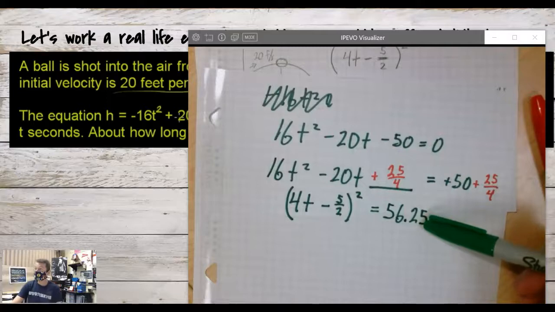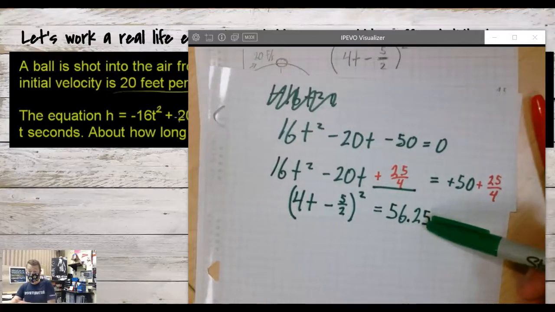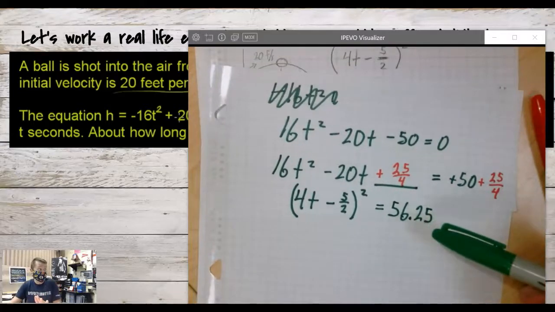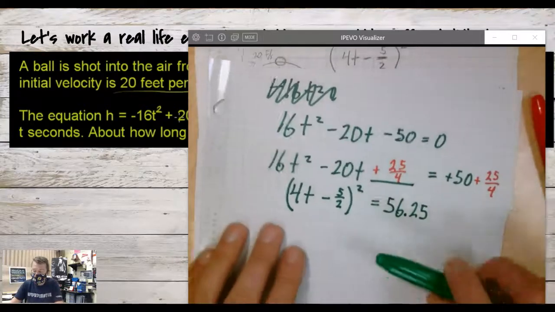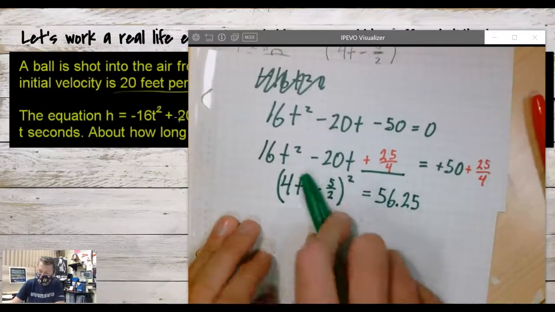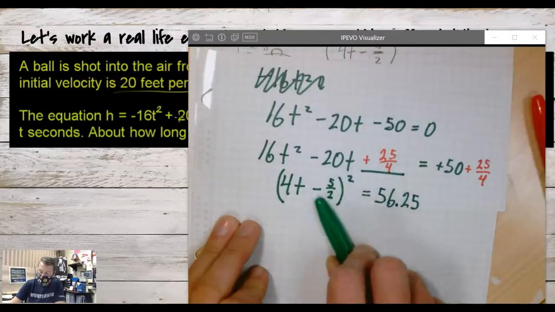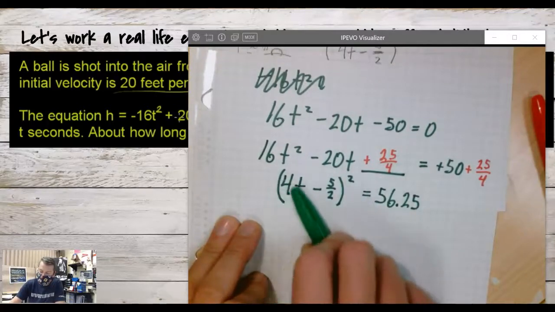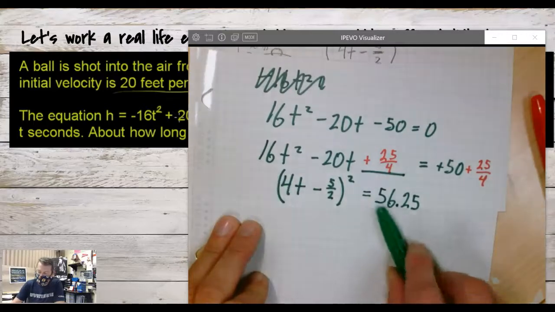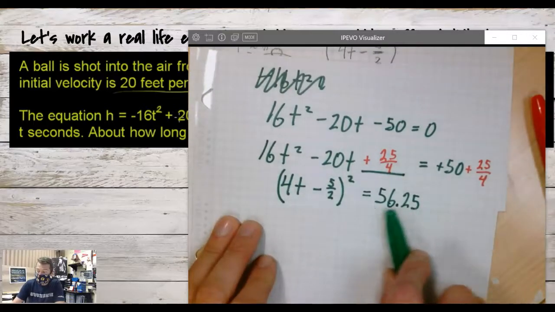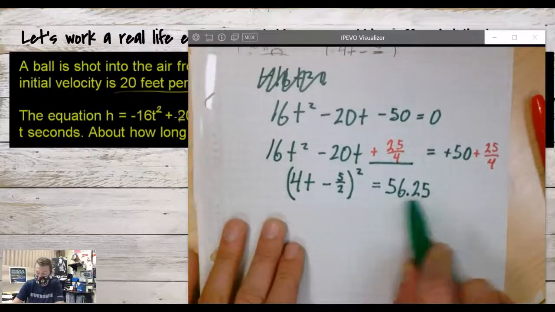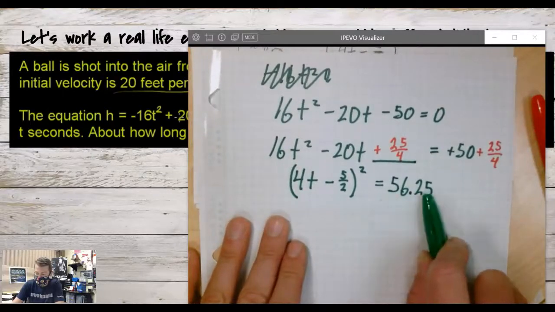So if we wanted our vertex, because we're trying to see how we work real situations like this, we get our x from in here, the opposite of the constant divided by this coefficient, and the y would actually be the opposite of 56.25, because it's on the right side right now.